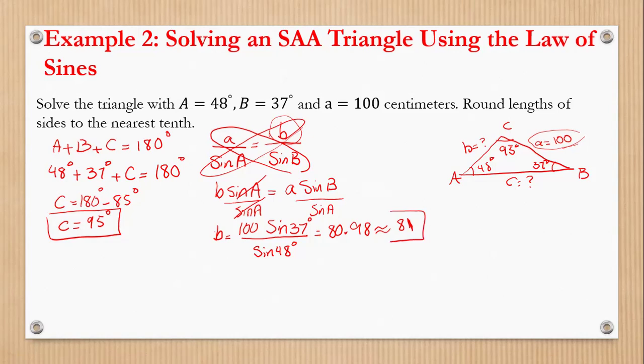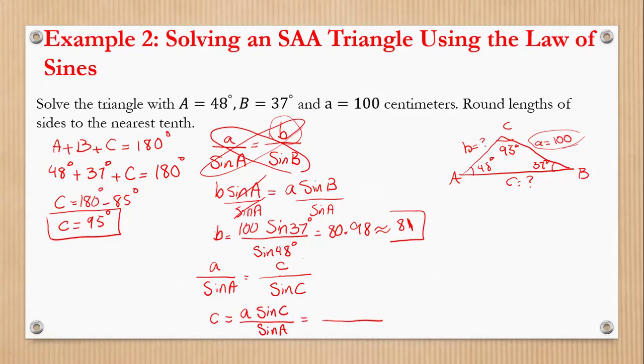Now to find side C, I'm going to use the law of sines again, having the fraction A over sine A first because A is the only side given to me, and C over sine C. Again, I do the cross multiplying and isolate C, and I get C equal to A times sine C over sine A. Now it's time to replace numbers.